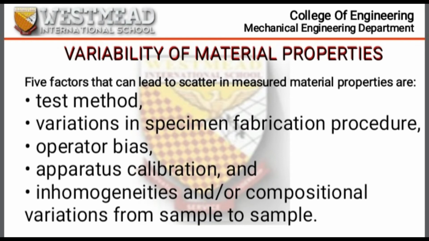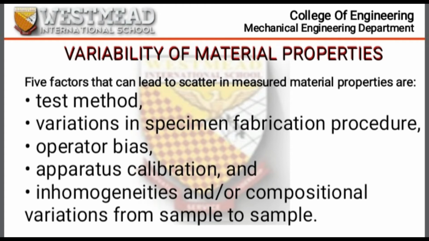First is test method. Siguro ay hindi naman may mali, pero may kulang sa ginawa nating pagtetest. Sunod is variation in specimen fabrication procedure. Sa variation ng specimen para magawa kung anumang test ang dapat gawin. Next is operator bias.